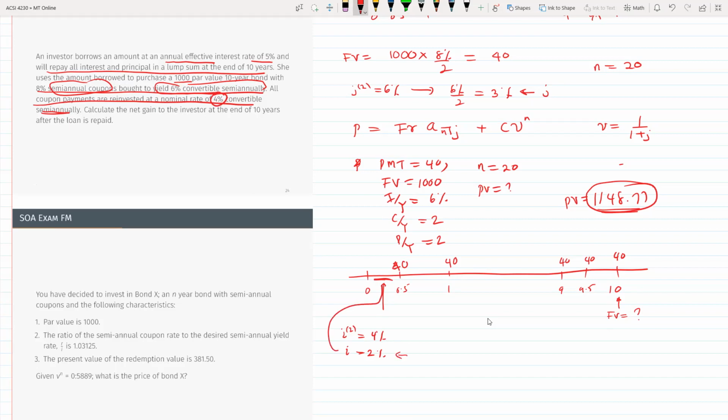This is the effective rate for 6 months. So I want to know the future value. So future value is basically 40 s_20 at rate i, i is 2%. So let's calculate this one using our calculator.